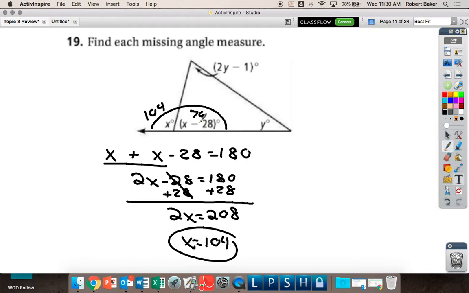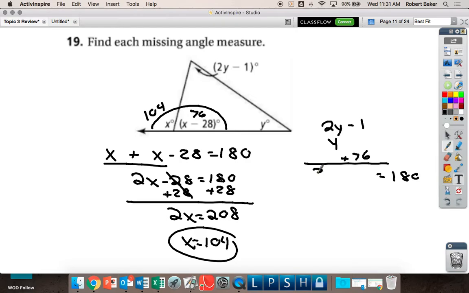Now I have 3 angles I can solve for in a triangle. There are always 180 degrees in a triangle, so add all the angles you have together. 2y minus 1 and y and 76 should all add up to 180.